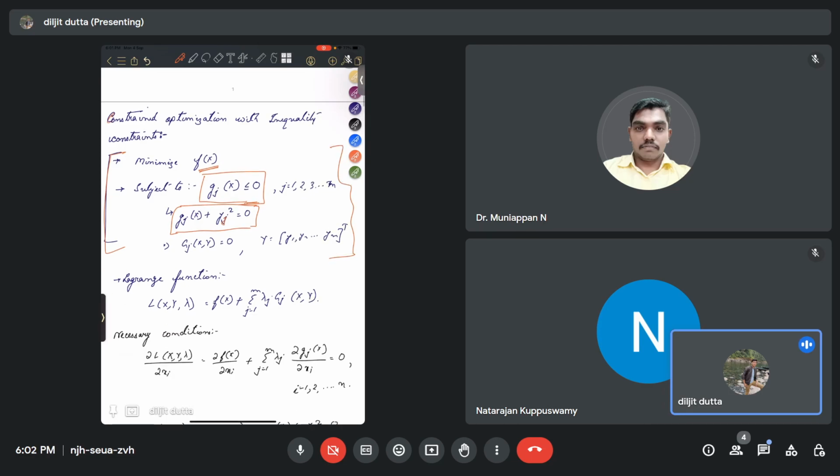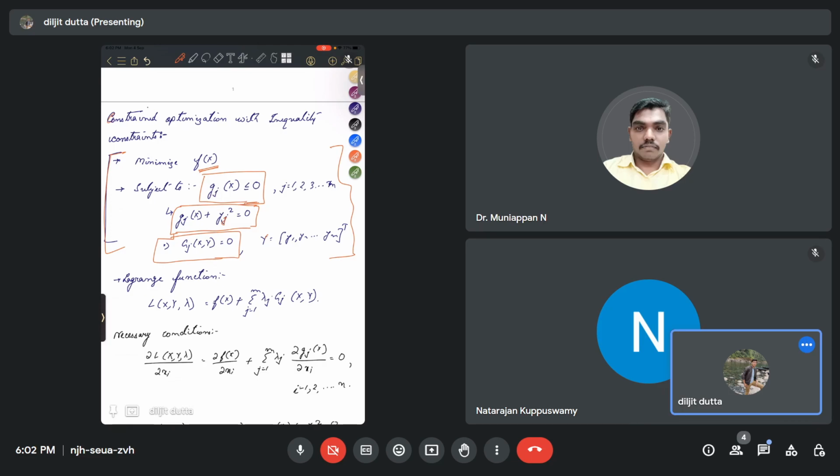This whole term gj of x plus yj square, we will denote as capital G of x, y equal to 0, where capital Y is y1 to ym and j goes from 1 to m.